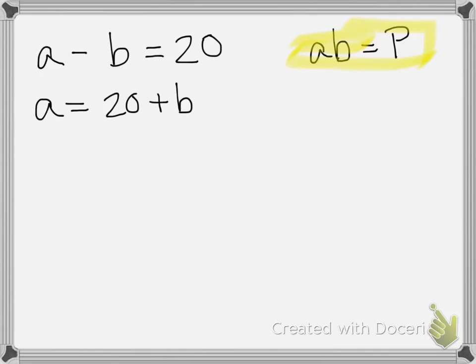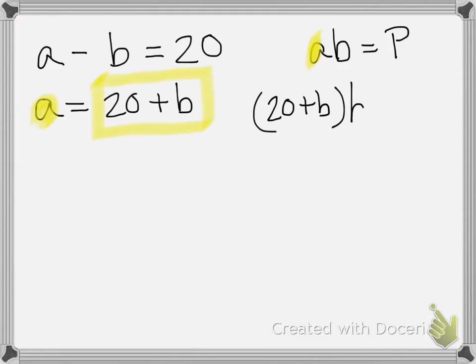Seeing that we have an A here, and we just found an A here, let's substitute in 20 plus B for that A. So we come out with 20 plus B times B is equal to our product.